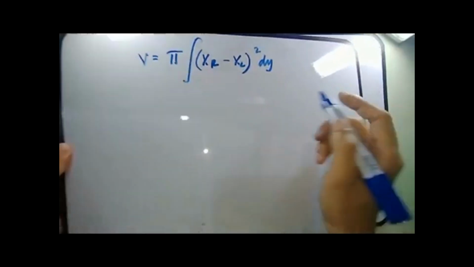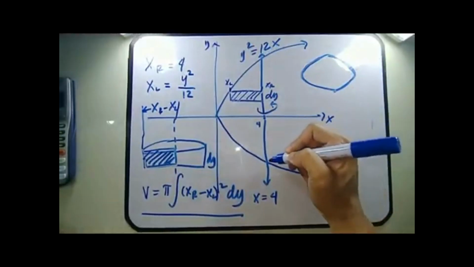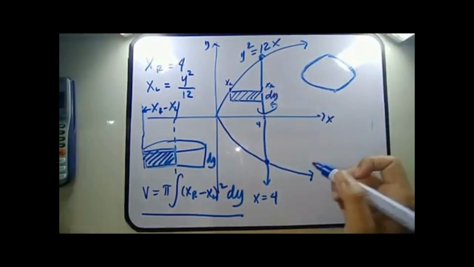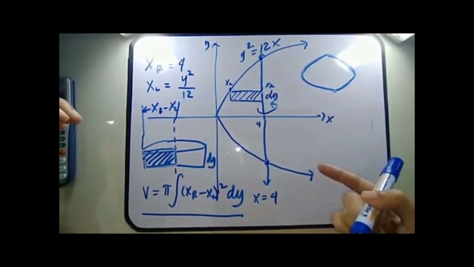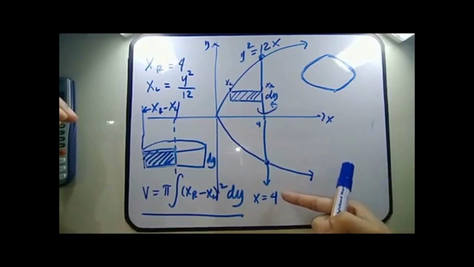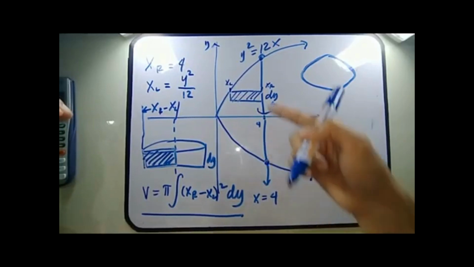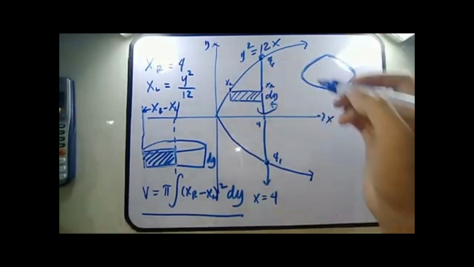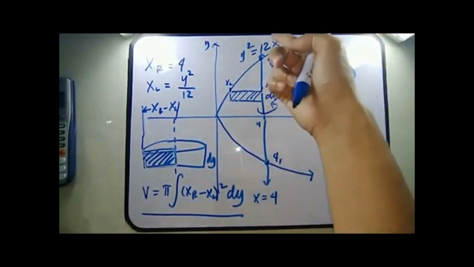Now, let's get our limits in y. So, what is our intersection, guys? What is the y coordinate if x is equal to 4? We don't know the y, so let's substitute 4 into the parabola.